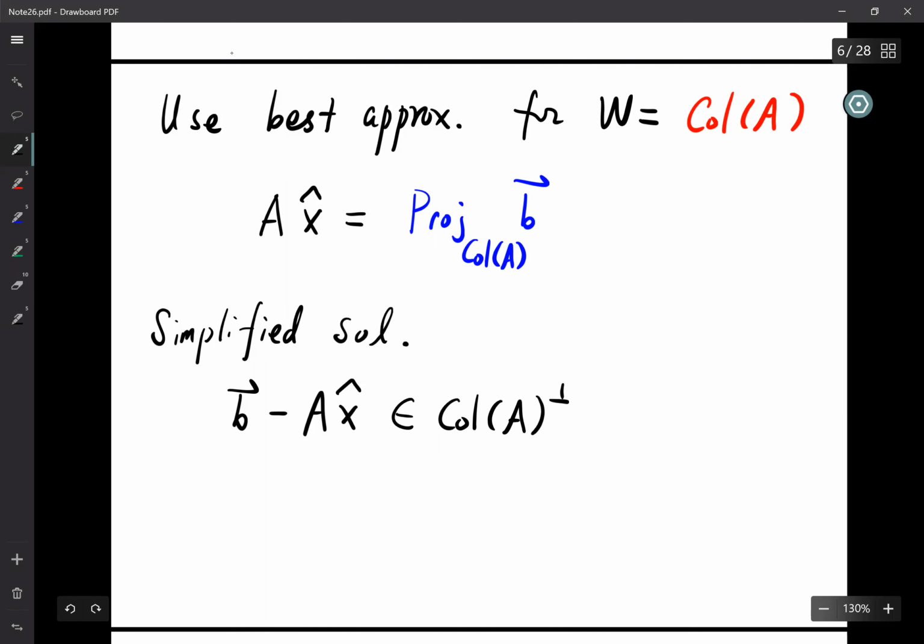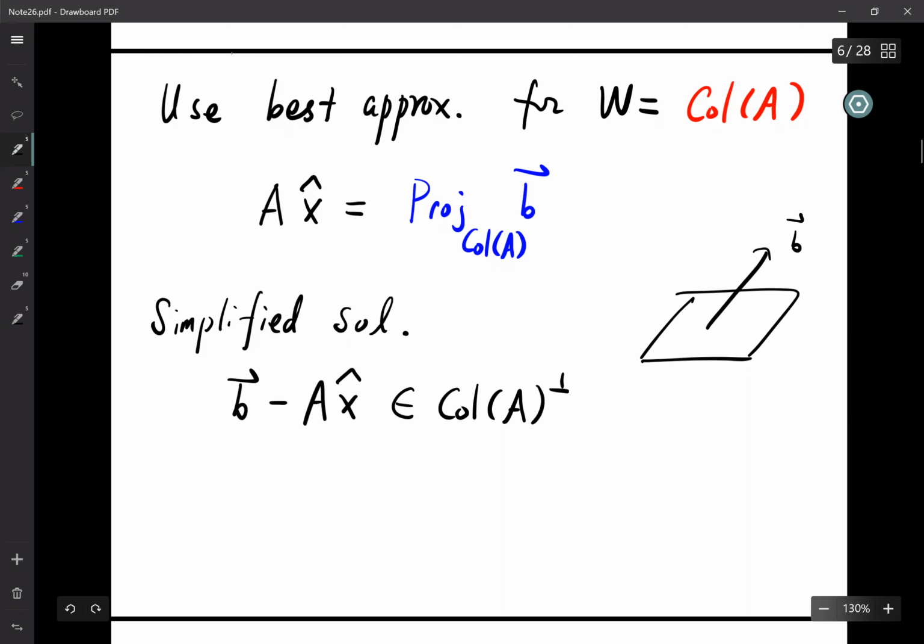So let me draw it here again. This is b, and this is the projection, which is A x hat. So the difference here belongs to column space of A perp. But what was the column space of A perp? We discussed that last time. This is the null space of A transpose.